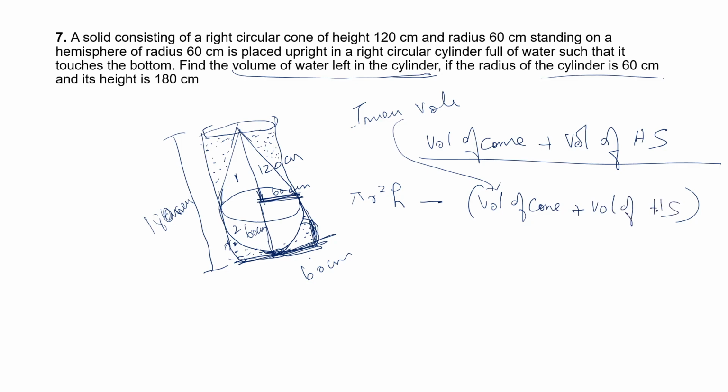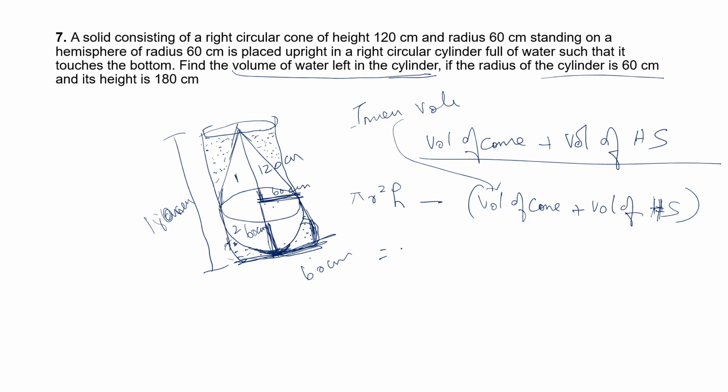Please understand, the calculation and substitution even 6th standard students can do. That is not the question over here. You have to understand how the object is placed, why they have given that it is touching the bottom, because then only this height will be proper. Leaving this cone and hemisphere, the remaining area is filled with water. So total cylinder volume minus cone volume minus hemisphere volume will give the water left in the cylinder.